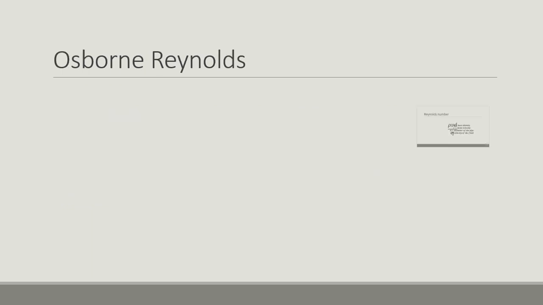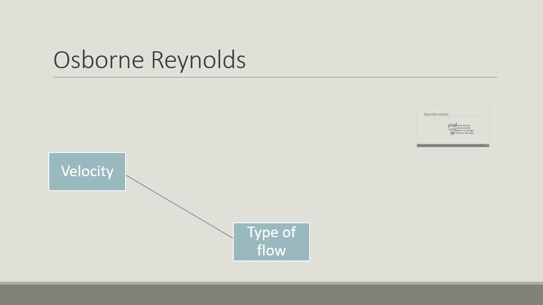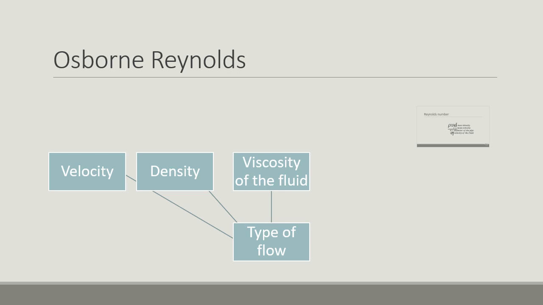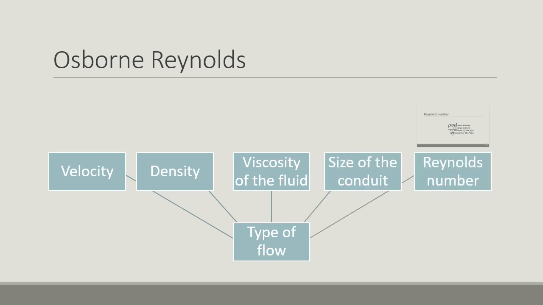Now, Osborne Reynolds discovered that the type of flow of any fluid is determined by its velocity, density, viscosity of the fluid, size of the conduit, and the Reynolds number. But what exactly is the Reynolds number?